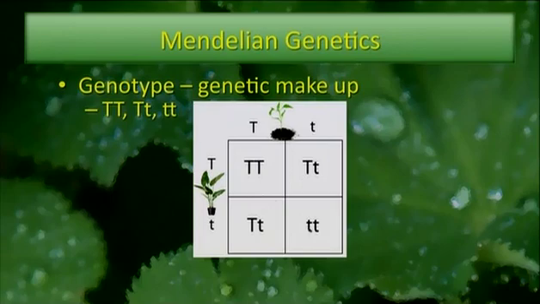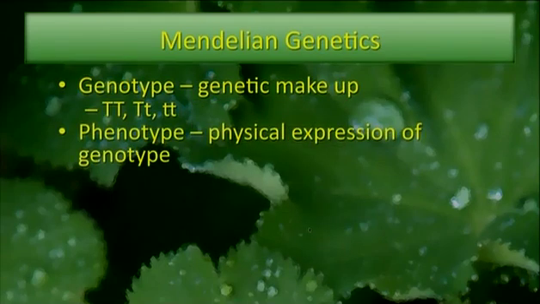We'll see that. The phenotype is the physical expression of the genotype, what the plant looks like, or some other trait that is expressed. The letters stand for the genotype, and the phenotype is a descriptor, usually some kind of adjective. So tall and dwarf are the phenotypes of the plant involved.